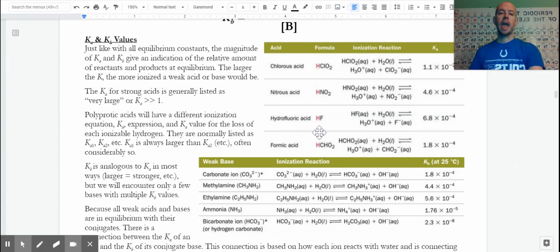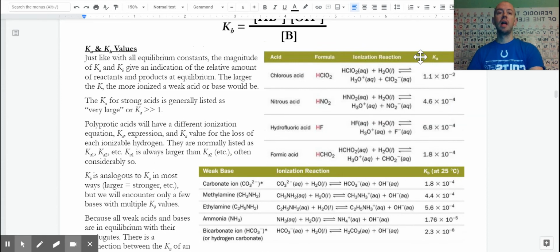So instead of A minus as my anion, I could have the chlorite or the nitrite or the fluoride ion. Each of those gives me a different K value. And just like all K values, the bigger the value, the more shifted to the right, or the higher concentration, in this case, of my ions.